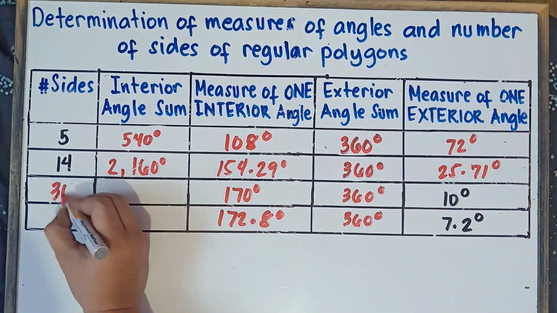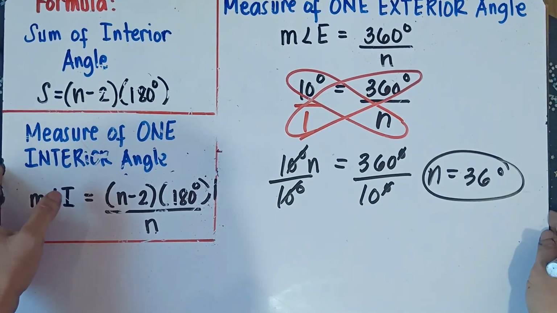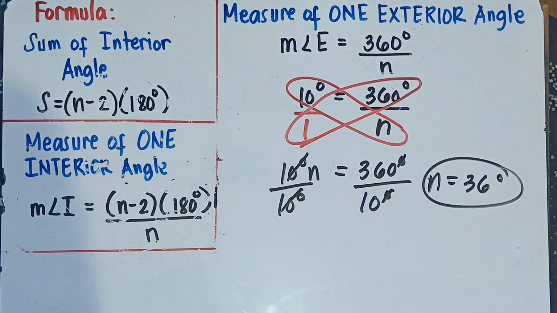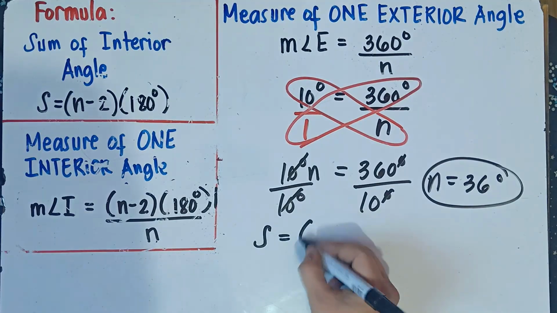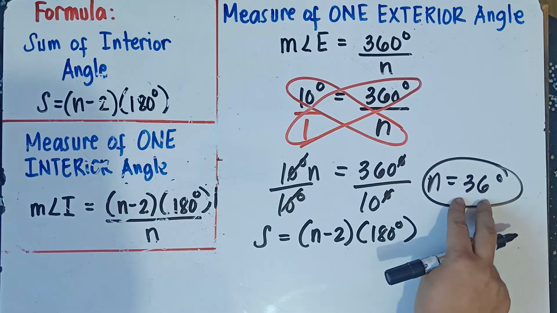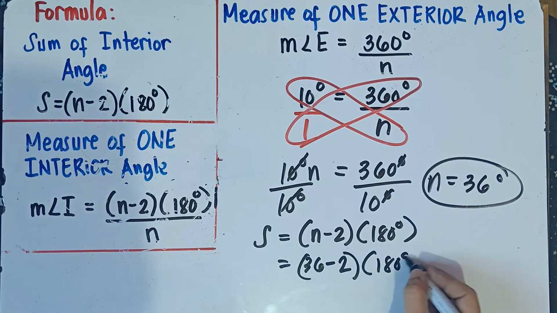And then the sum of interior angles. We can apply it using this formula. The sum is equal to n minus 2 times 180 degrees. Our n, the number of sides, is 36. So 36 minus 2 times 180 degrees.